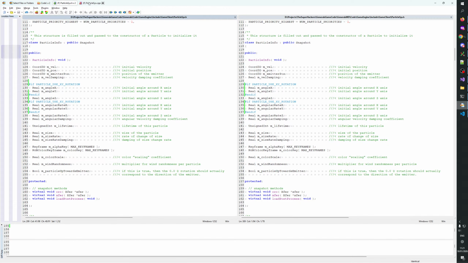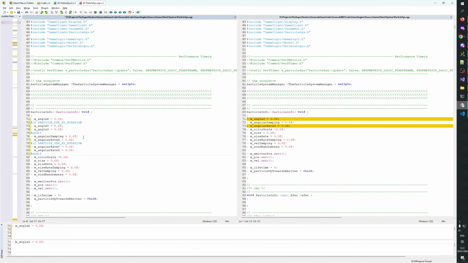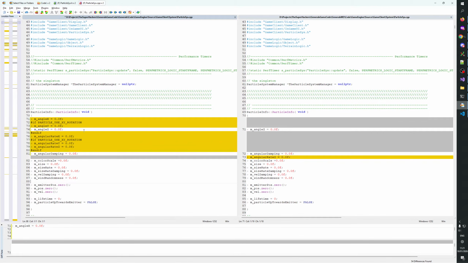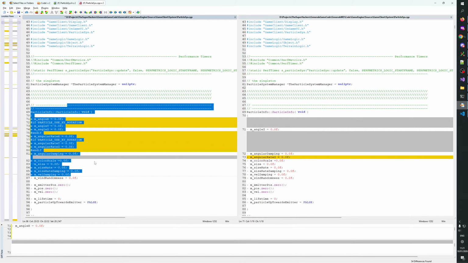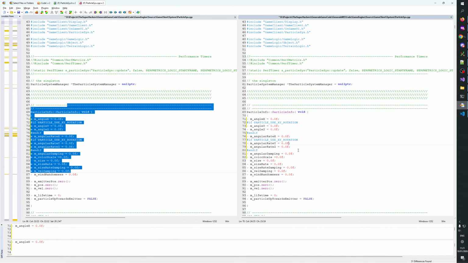Angular damping. This one should go down here. Okay.